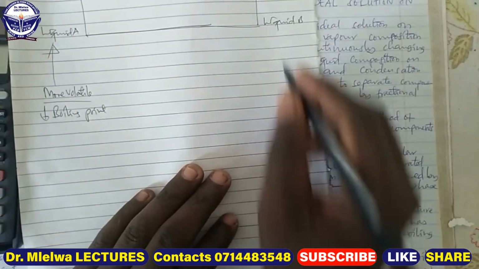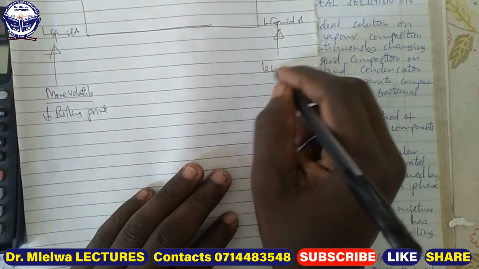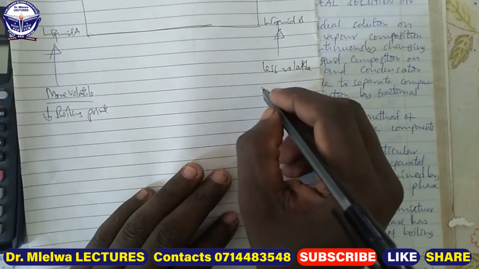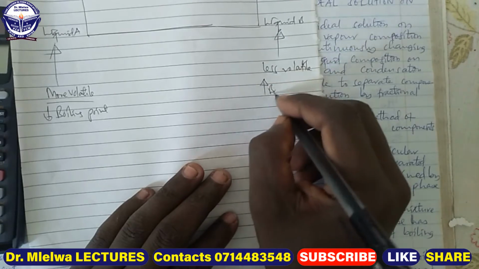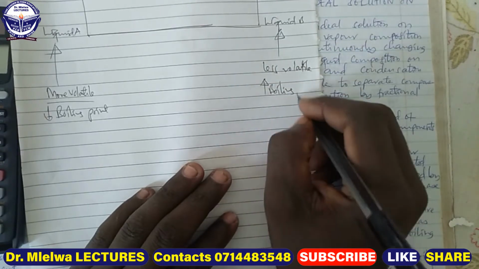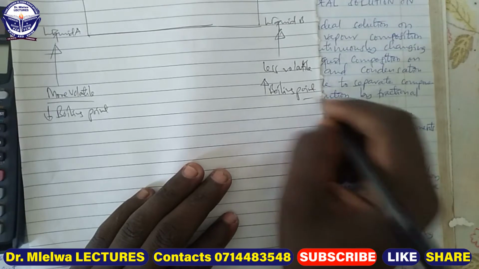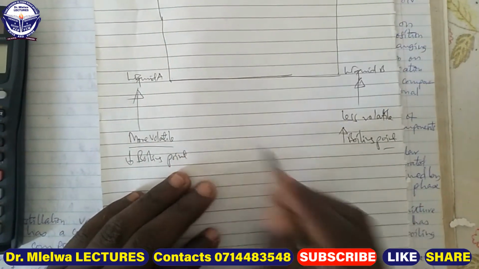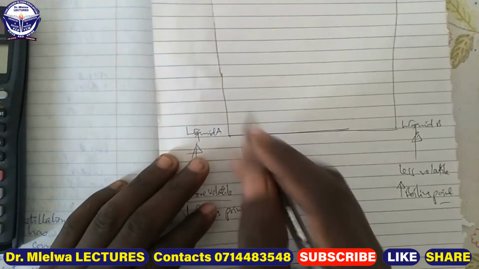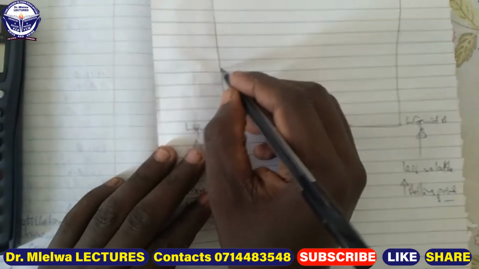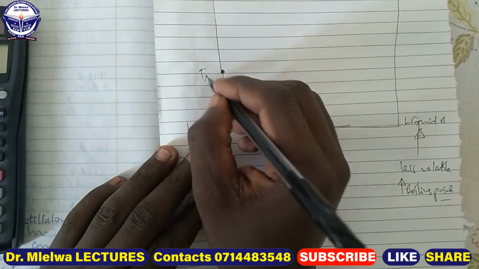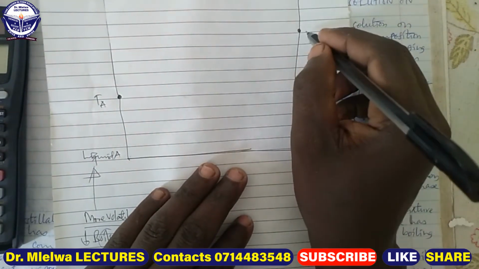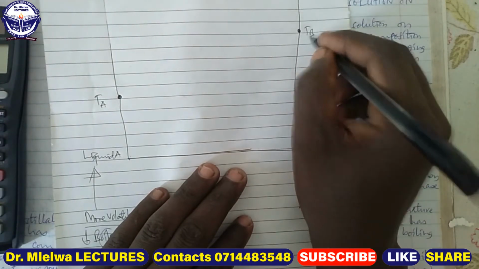And in this case, liquid B will be less volatile, and if it is less volatile, that means it has a higher boiling point. Now, if liquid A has a lower boiling point, then labeling the boiling points, here it is TA, the boiling point of liquid A, and here it is TB, the boiling point of liquid B.